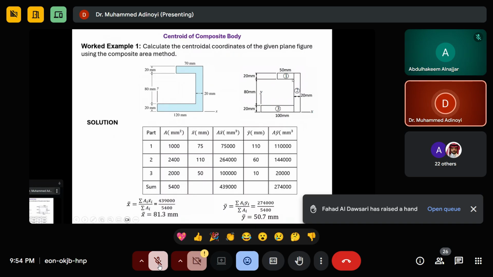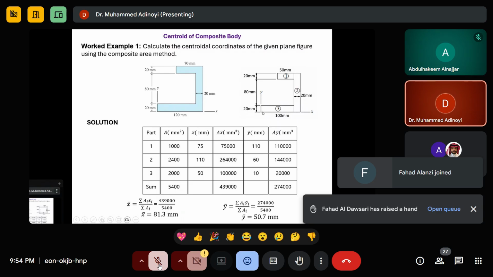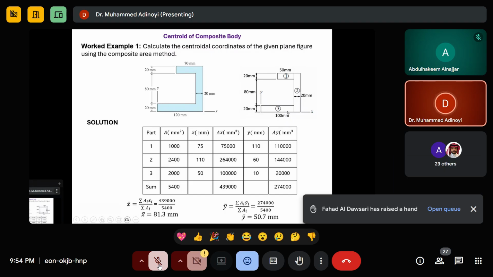So this part is going to be 25, and this is going to be 10. But I have to do my measurement from here. So I move 50, plus the 25. That is why the x is 75.